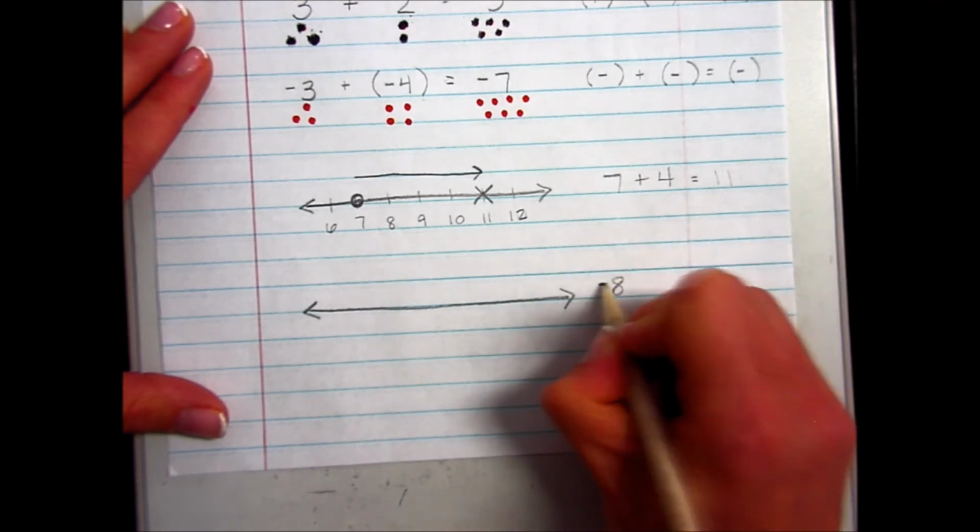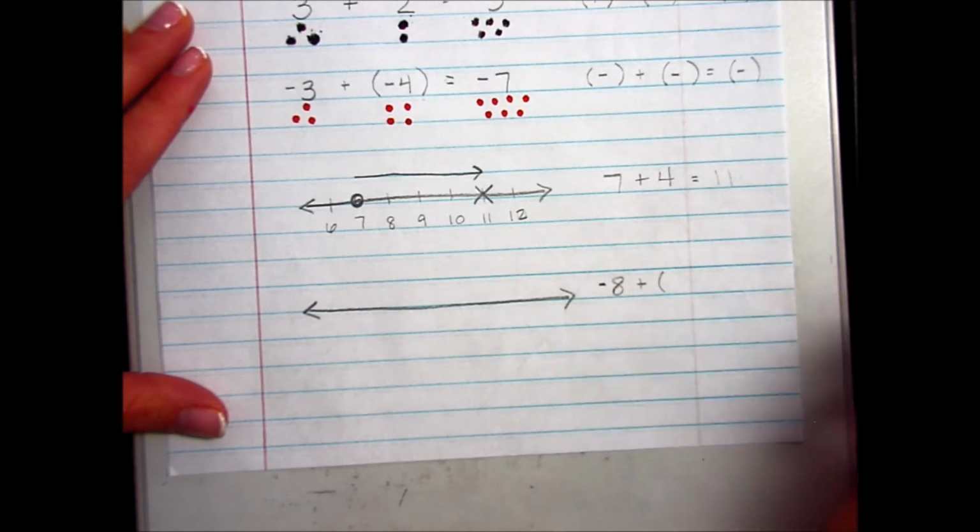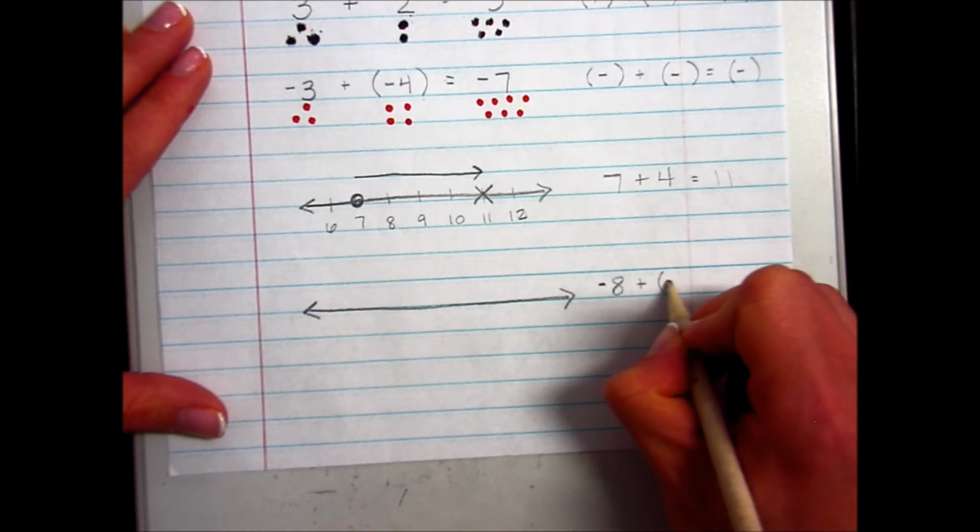All right, so what if I start at -8, and then I want to add a -2.